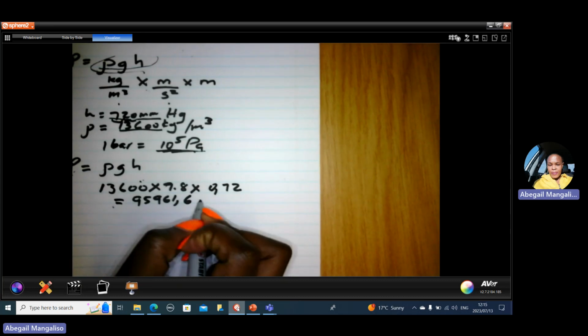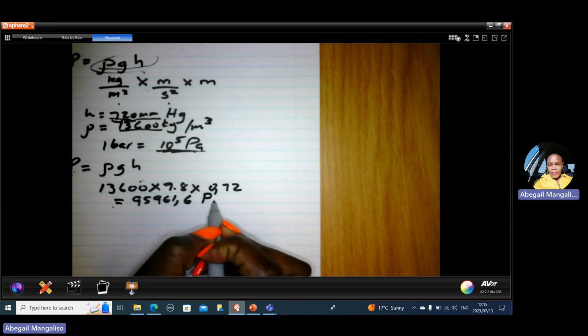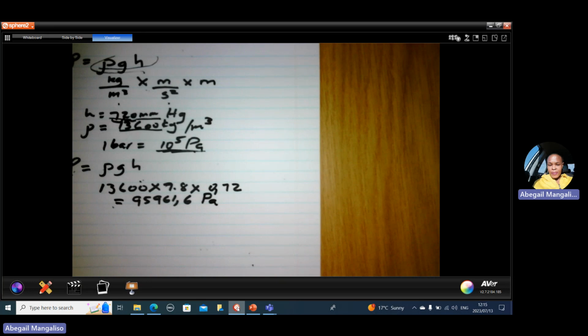To change from millimeters to meters, you divide by 1,000, which gives 0,72. Using your calculator: 13600 multiplied by 9,8 multiplied by 0,72. I got 95961,6 pascals. The SI unit of pressure is the pascal.